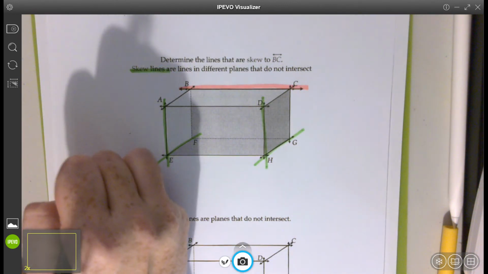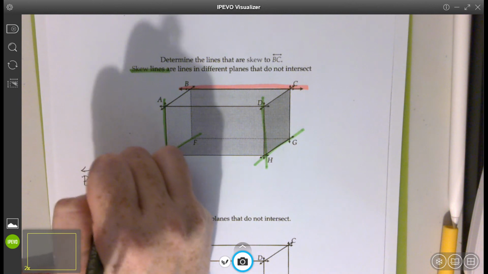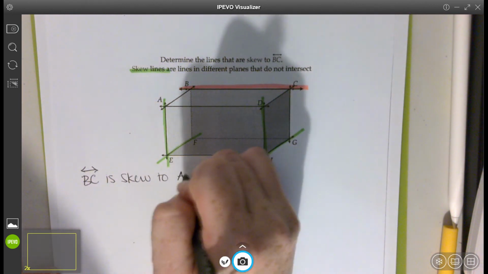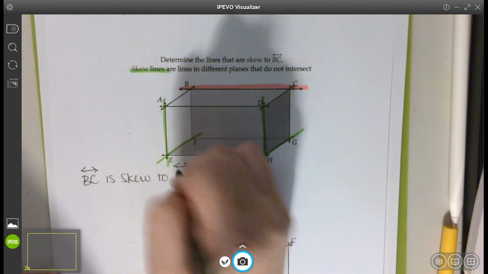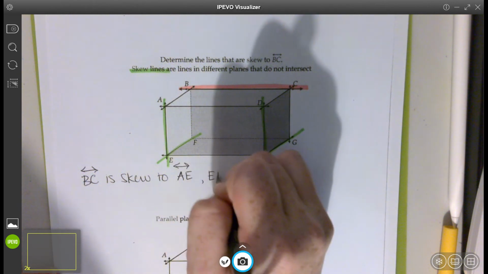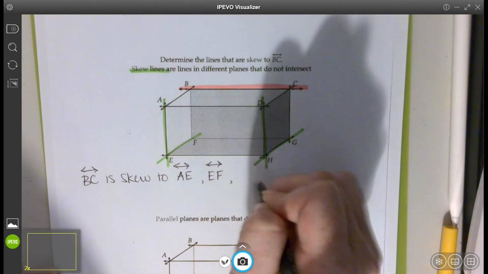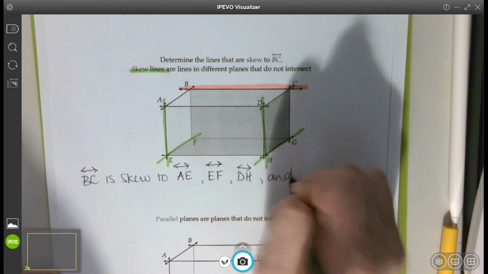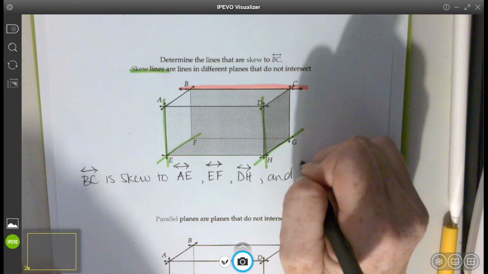So here, BC to AE. I'm just making a list for this one. EF, DH, and HG.